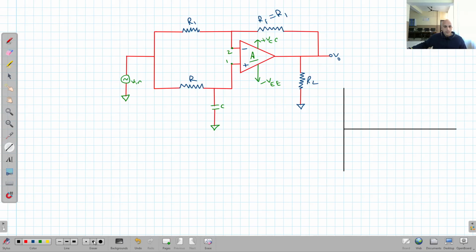So this is the output voltage, V output. It is for a frequency. Clear? So if you look at the output signal, suppose this is the input signal.